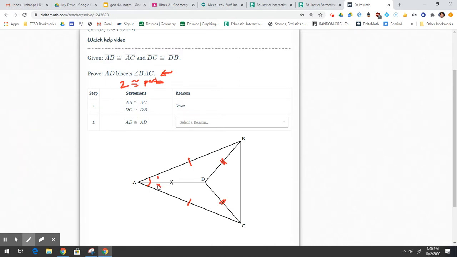If they are congruent, then that means that DA does bisect angle BAC. So we have to prove that triangle 1 and triangle 2 are congruent triangles, because then we can use CPCTC for these two angles and then say that segment AD bisects angle BAC.